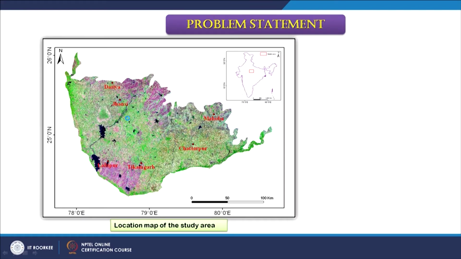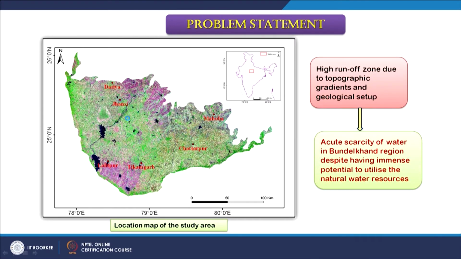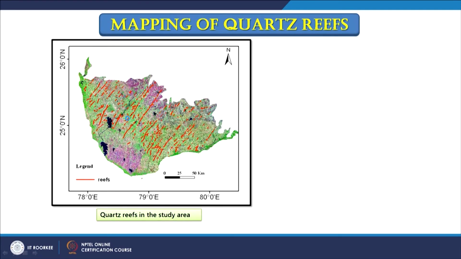So we can solve this problem for a large central part of India, just exploiting these quartz reefs which are running northeast southwest. A large area was studied, and we delineated these quartz reefs like this, in red, which are marked here.